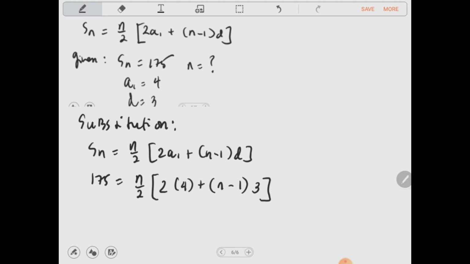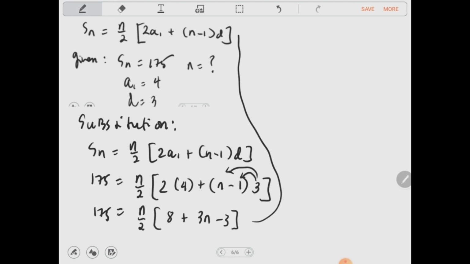So we have n over 2 times 2 times 4, we have 8, plus distribute 3 to n minus 1. So we have 3n, and we have minus 3. Okay? So we have 175 is equal to n over 2 times 8 plus 3n minus 3.